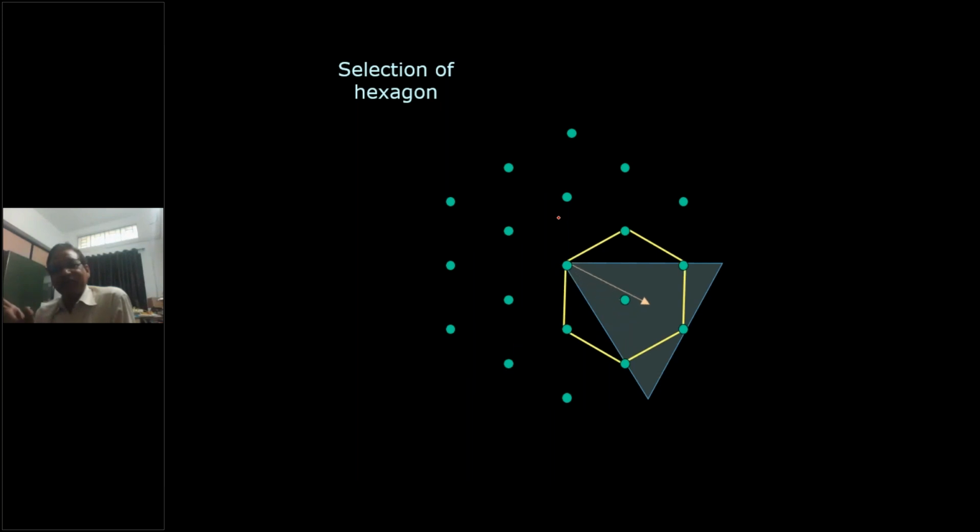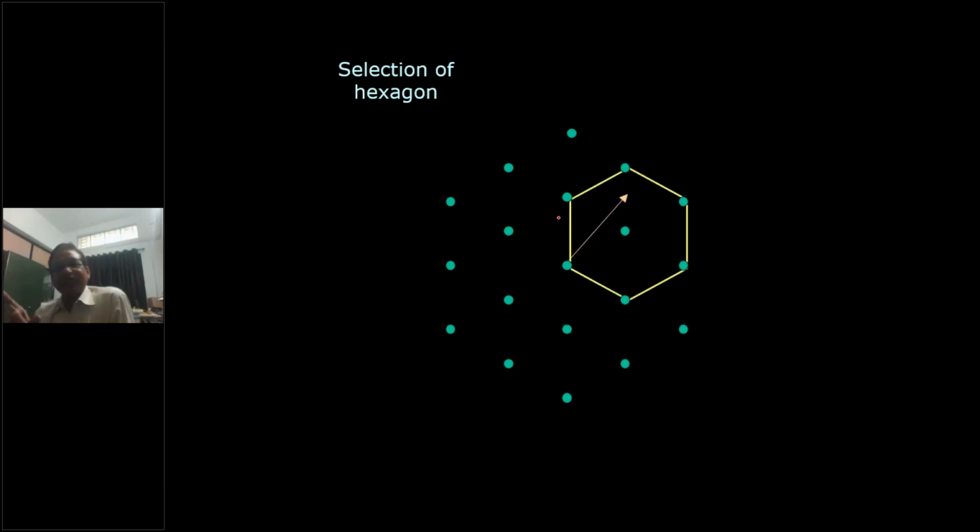Now we have identified the hexagon, and the hexagon treatment is the same as for 2-level inverters. The same treatment we gave for a 2-level is given for this hexagon, to calculate T1, T2, and T3.